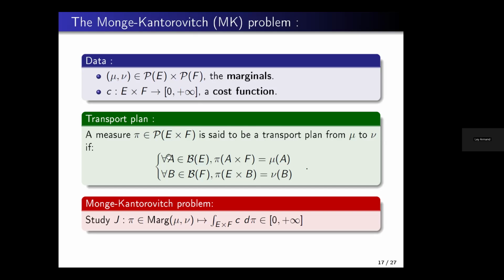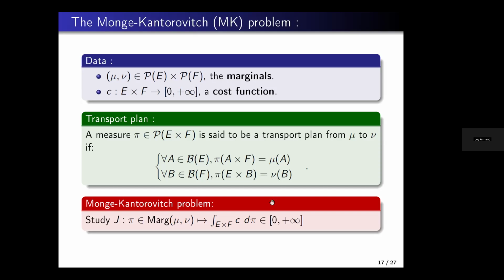So you ask that for all Borel sets A defined on the space where mu is defined, the mass which is leaving from A, which is P of A times F, is equal to the mass given by mu on the set A. And similarly, for all Borel sets B of F, you ask that the mass that is going to B is given by nu of B.